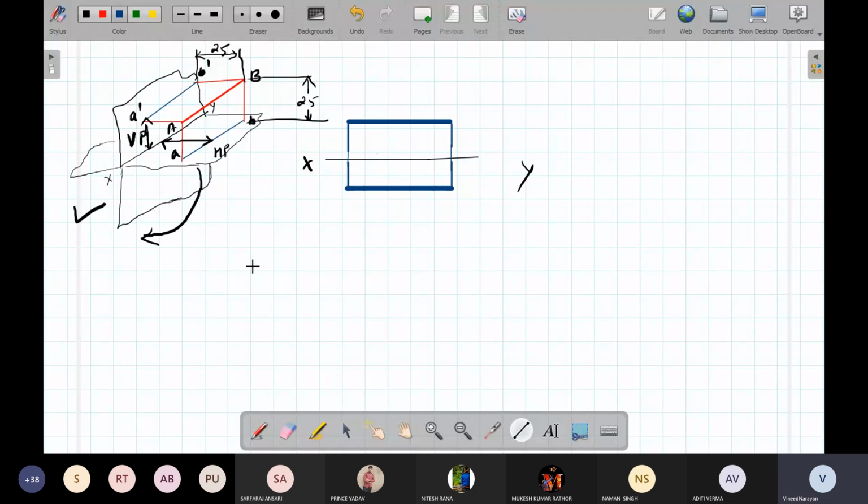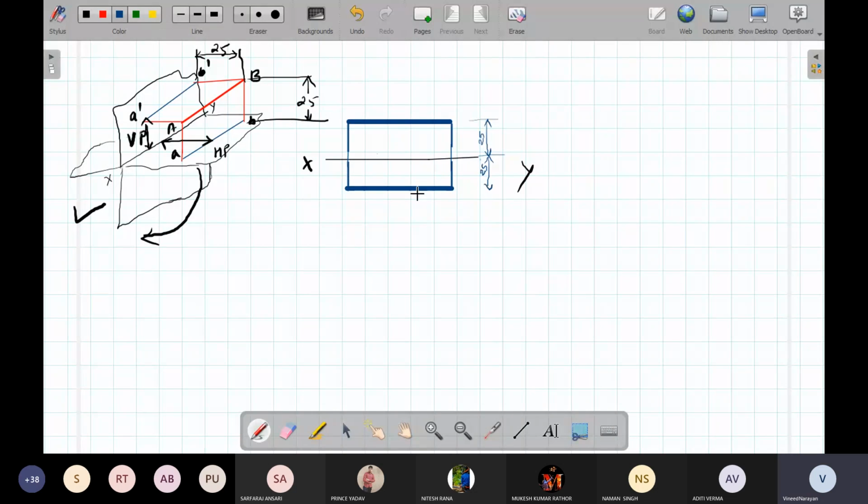Now in the question it is given that this height is 25, and also this length 25.